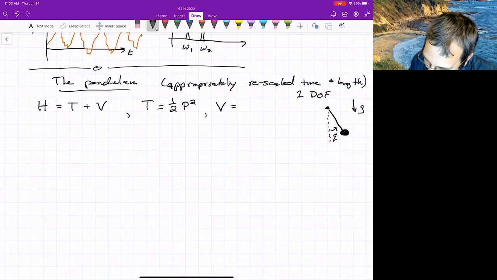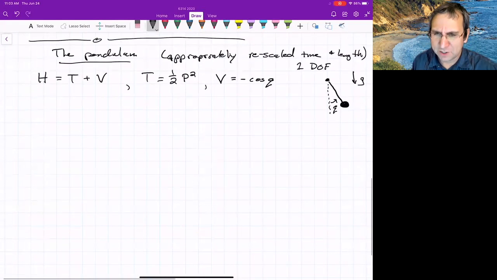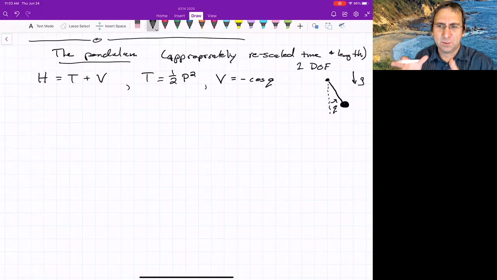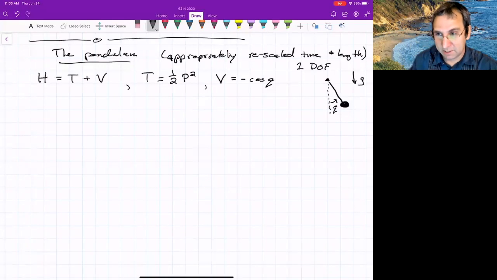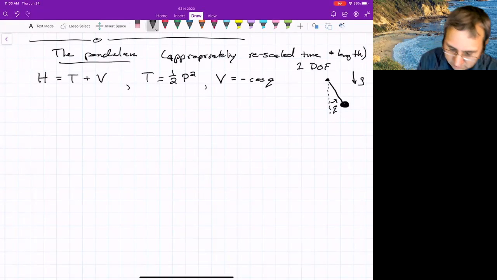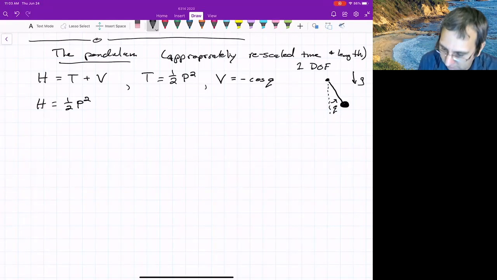So the potential energy is negative cosine Q. We do non-dimensionalization to get at the essence of how things depend on phase-space variables, not parameters like mass or g. So the Hamiltonian is 1/2 p squared minus cosine Q.